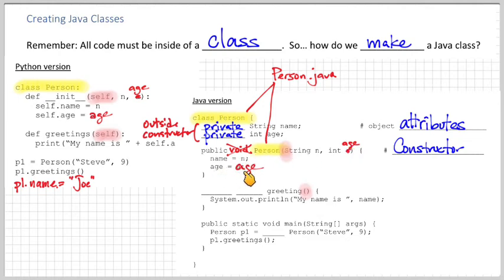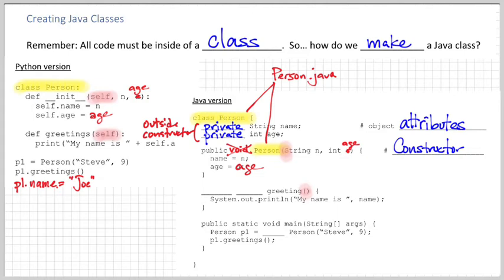Age is equal to age. We wouldn't really want to do that. In this case, this age here is this local input parameter, and it is not this attribute over here. And so how then would I initialize this attribute if age is the name of my input parameter?